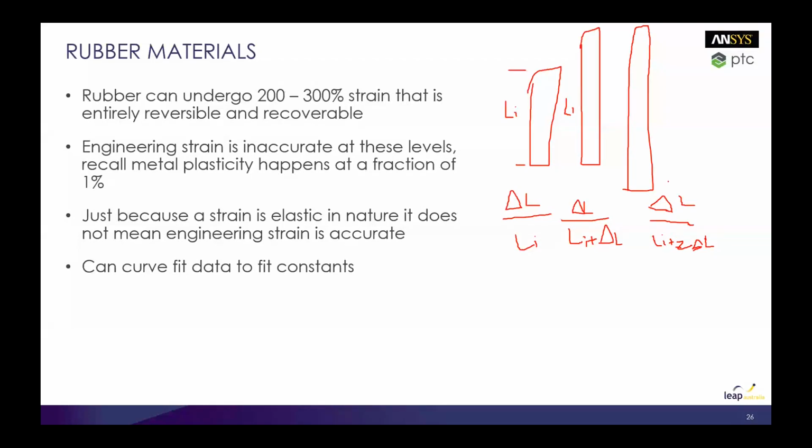If you do it as engineering, it will be 2 delta L over Li, and this one is 3 delta L over Li. So this is basically engineering, and this is basically incremental strain.